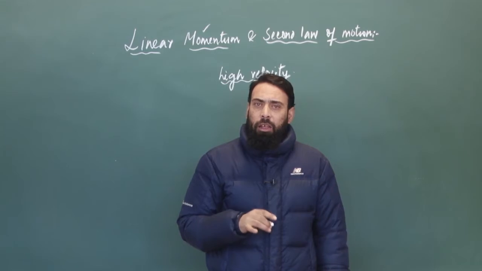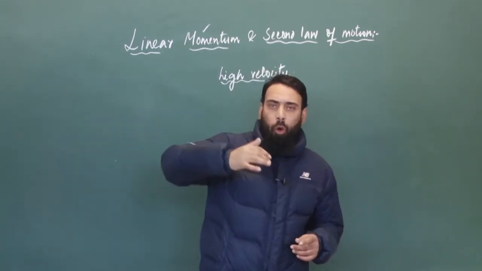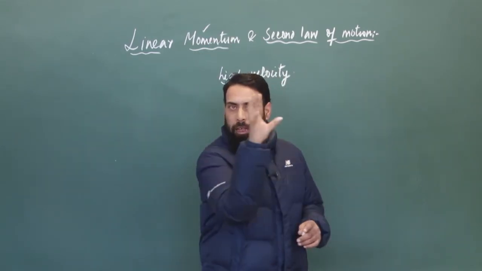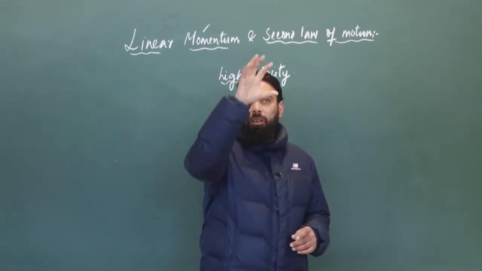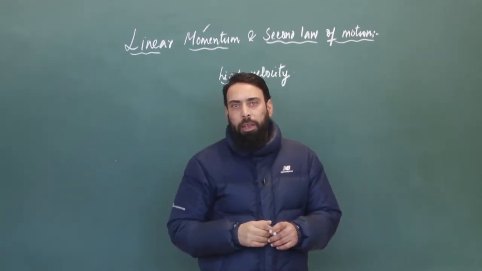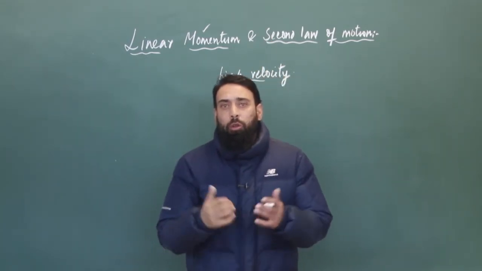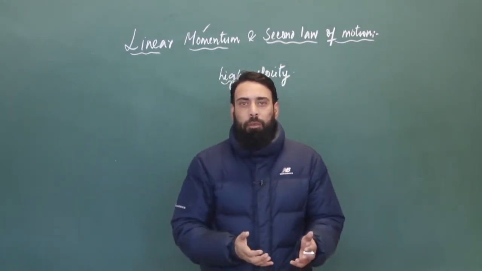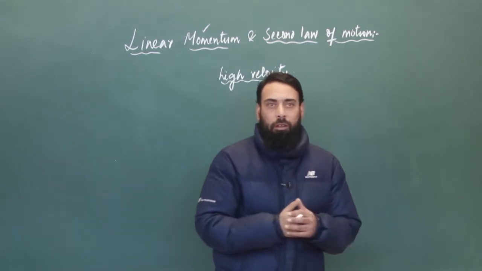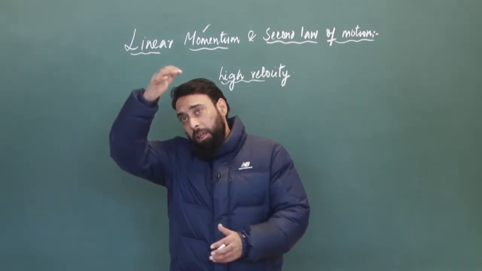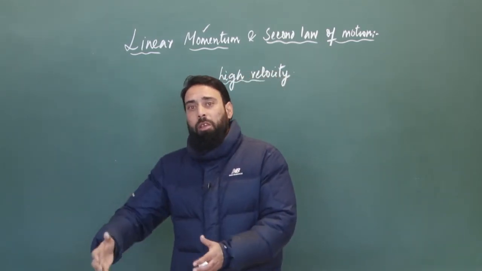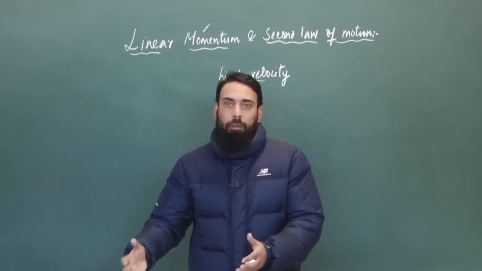But if a stone is rolled down from a hill, and at the same time a football is rolled down from a hill, and I ask you to stop one of them, you can easily stop the football, but not the stone, which is very big in mass.